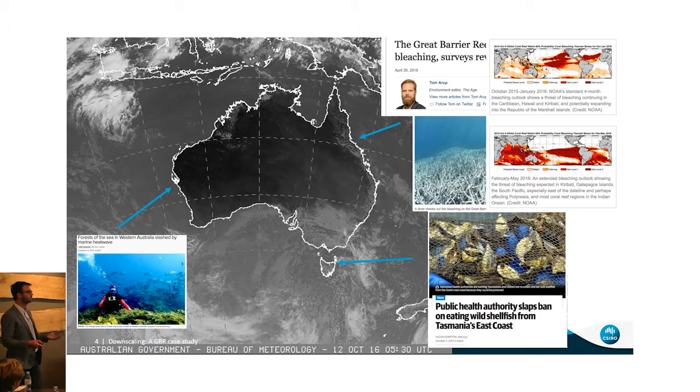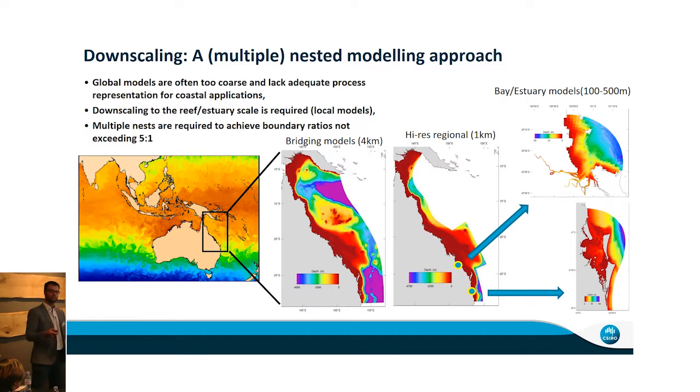And this has unfolded, and this was predicted 6 months out. So when we throw all this into what we're trying to do here, we're trying to look at what are the key processes and dynamics that are driving these processes, and how can we go about predicting that. In terms of the way we've gone about that in our group, we use a nested modelling approach.